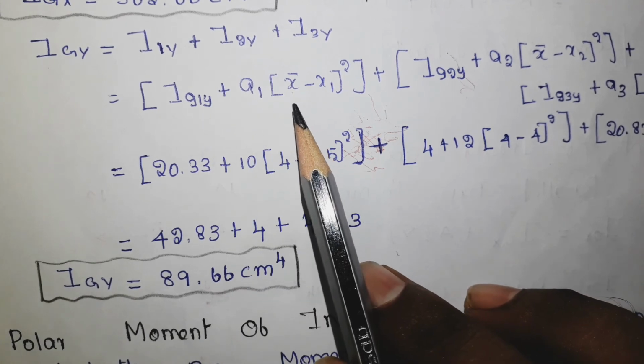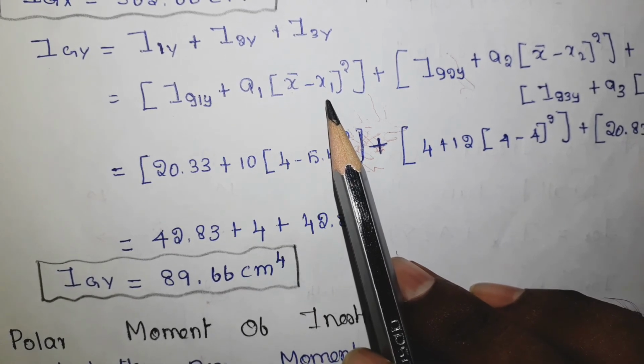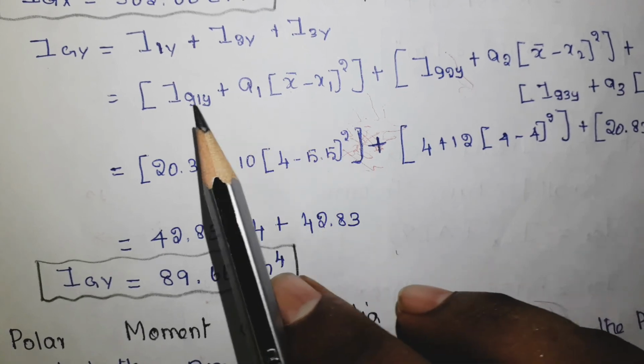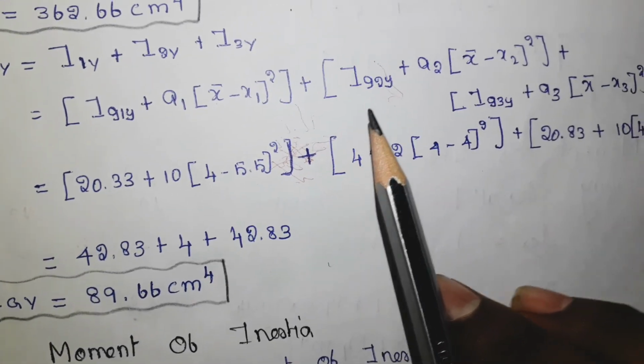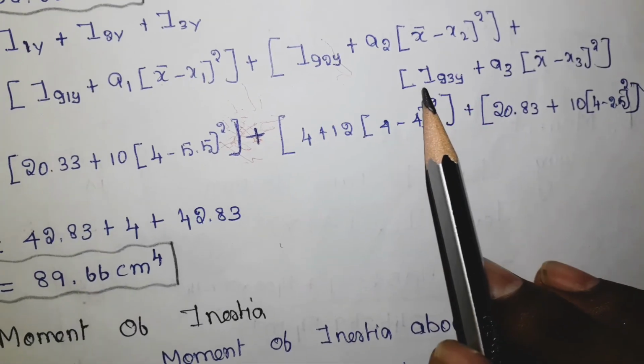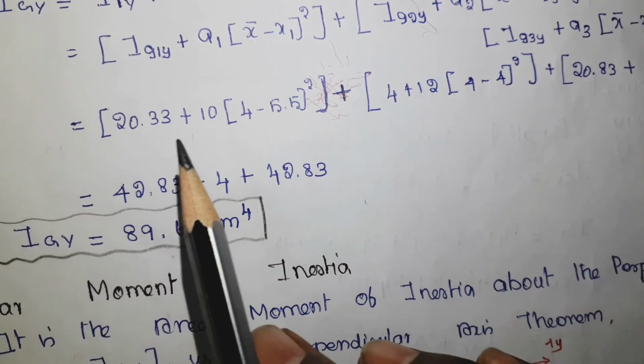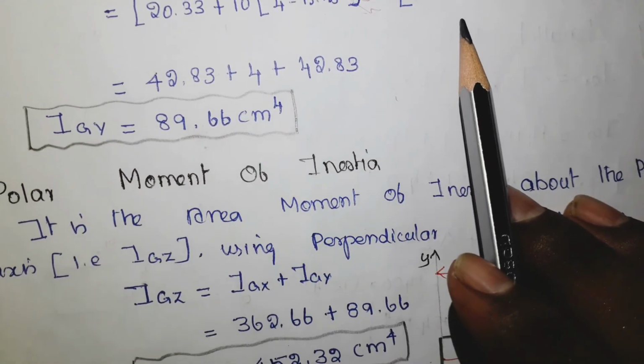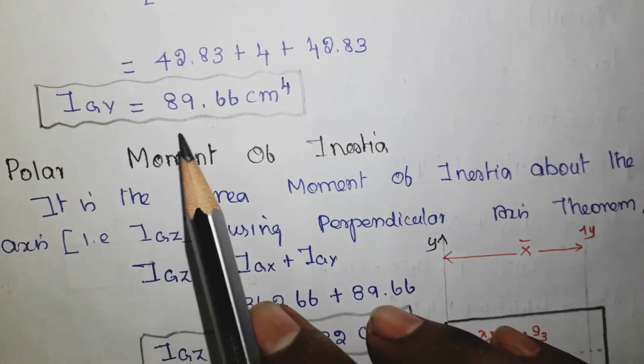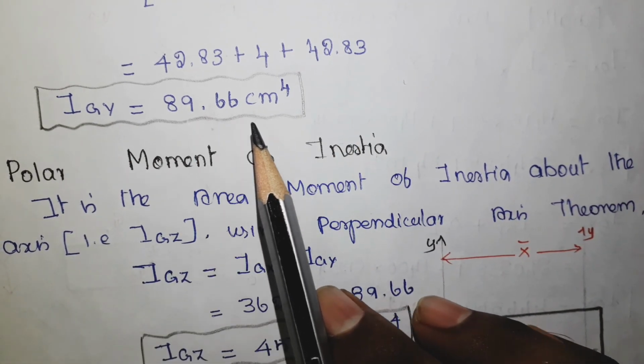Similarly, here x bar minus x1 is used. So this is the difference. Similarly this is for the second rectangle and this is for the third rectangle. After completing this equation, substitute all the values, and finally you will get igy equal to 89.66 centimeter to the power 4.